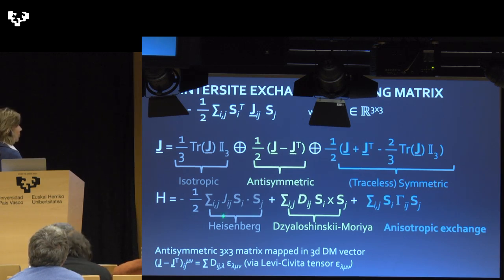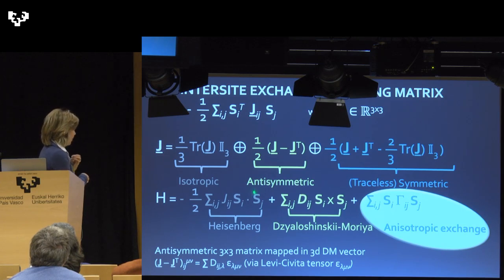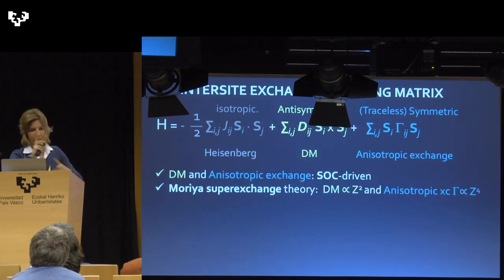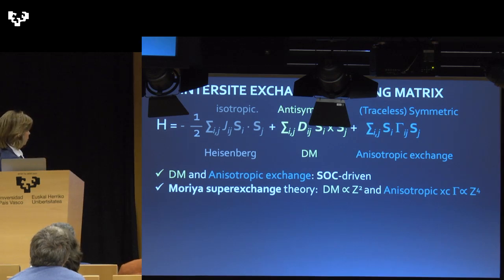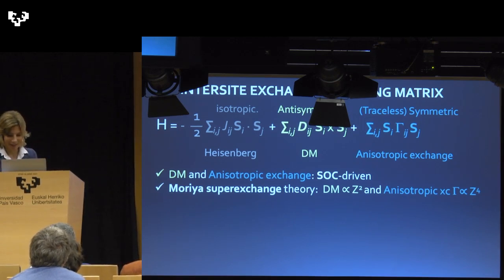So I have a Heisenberg term, which is a scalar product. Then I have a Dzyaloshinskii-Moriya term, which is a vector product. And then I have this term, an anisotropic exchange, which is a symmetric traceless matrix. Usually Heisenberg, of course, gives the relative orientation. Dzyaloshinskii-Moriya, because it's a vector product, tends to orient the spins at 90 degrees.